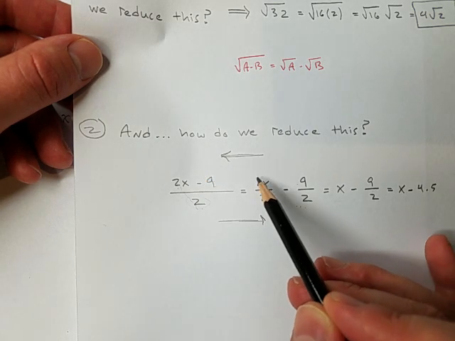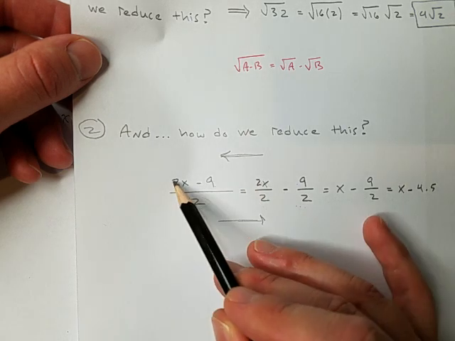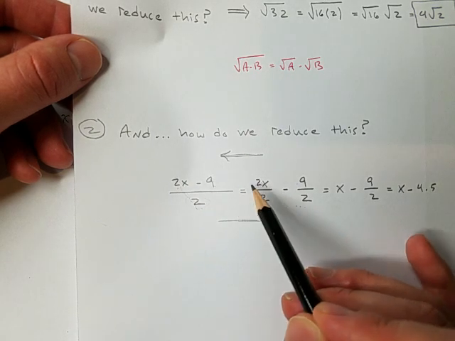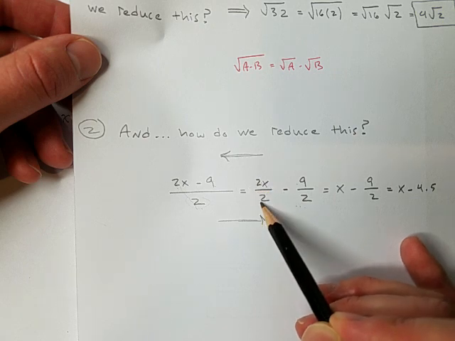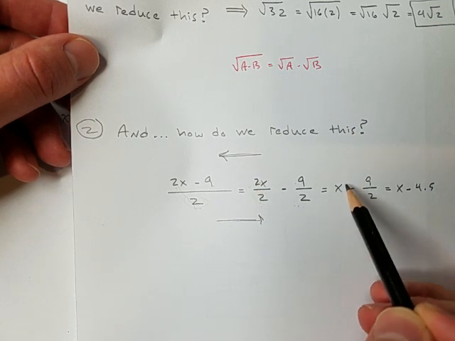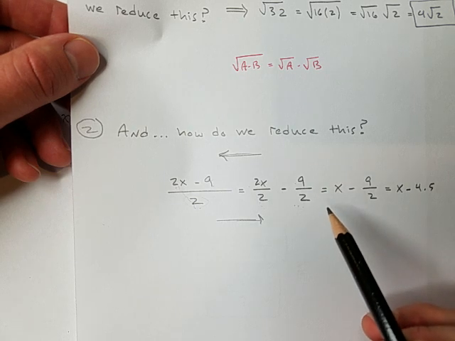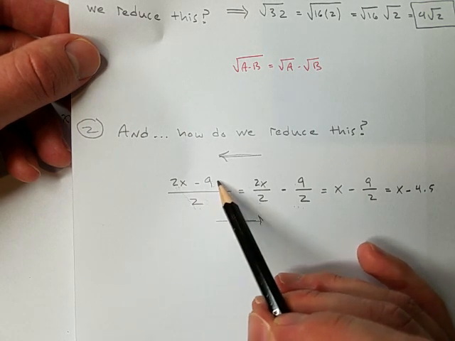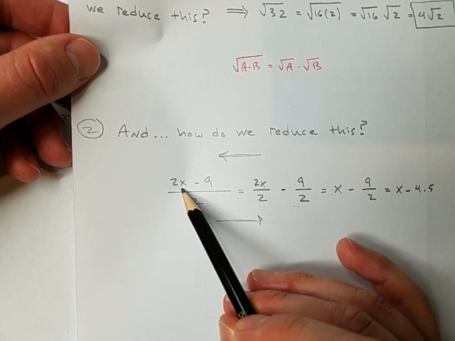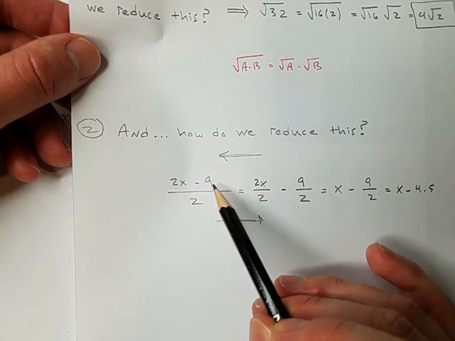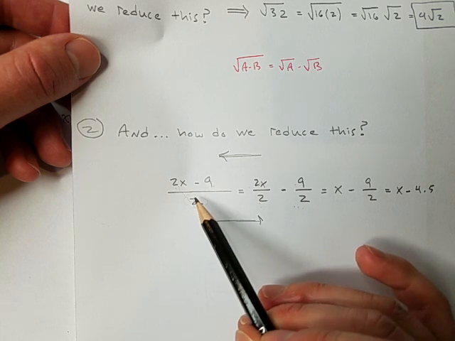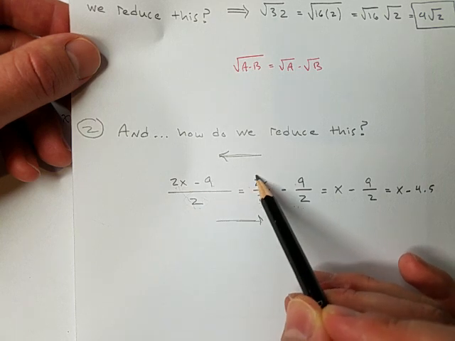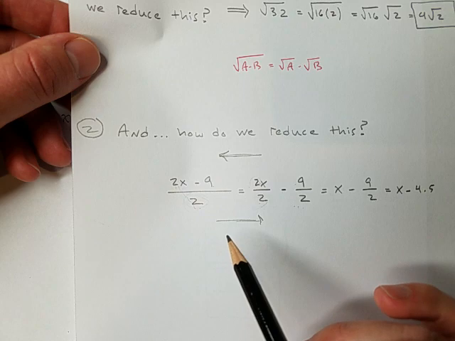Why can you cancel the 2 here, though, but not here? Well, because if I take x and I multiply it by 2 and I divide by 2, I'm just going in circles. I'll leave myself with just x. But here, that's not 2 times x up there. It's 2 times x, take away 9. Dividing is not the opposite of subtracting. Dividing is the opposite of multiplication. That's why I've got to look at these individually.